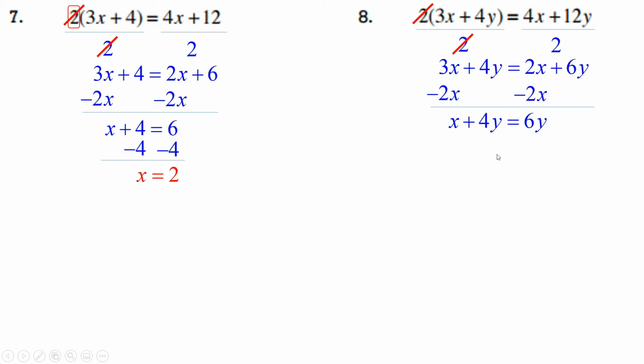Now let's subtract the 4 y's. We're going to undo adding 4y. Equals, so x plus 4y minus 4y is x, and here these are like terms. We can combine them. What is 6y minus 4y? Well, that'd be 2 y's. And there you go, x in terms of y.